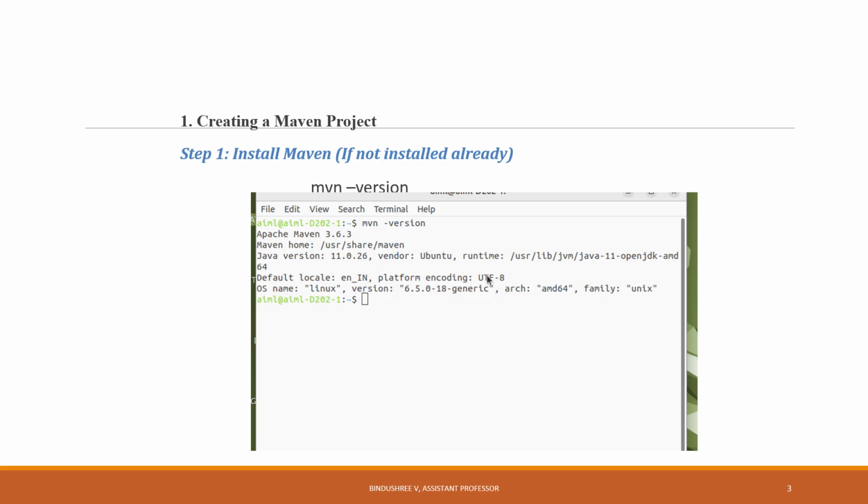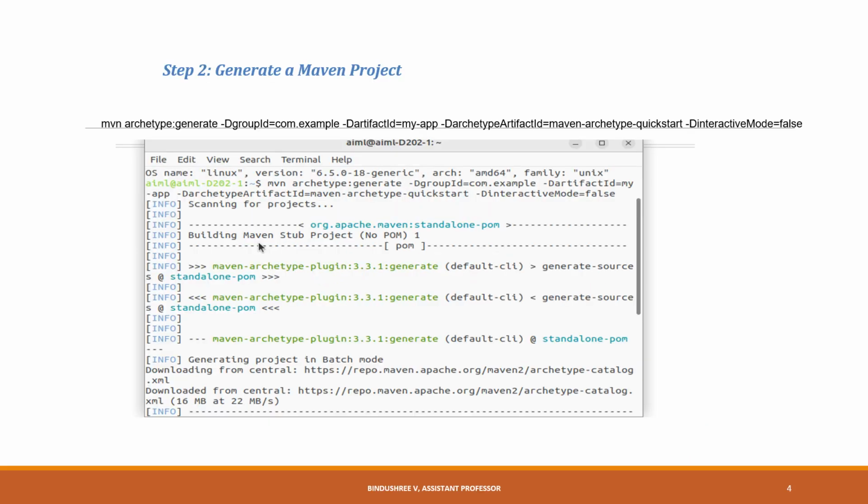Verify it once, and if it is not installed, install it again. After installation, Maven provides a standard structure for the project, so that is what you should use to create a Maven project.